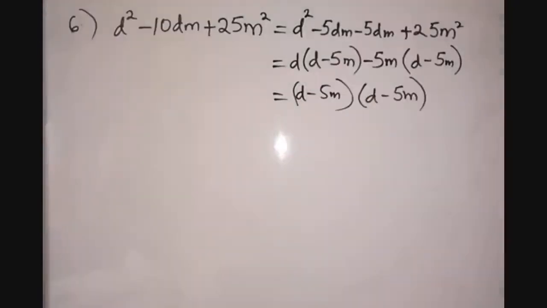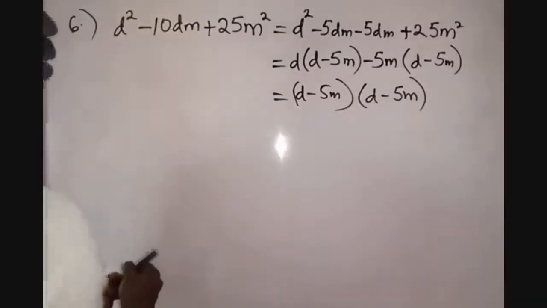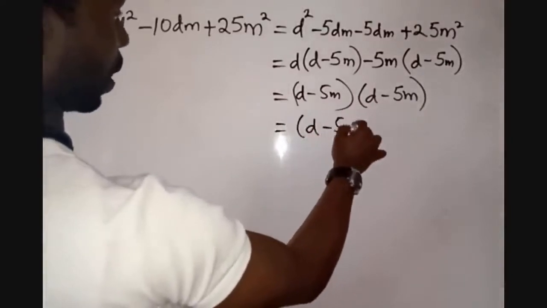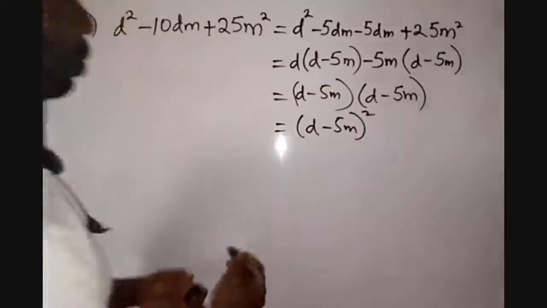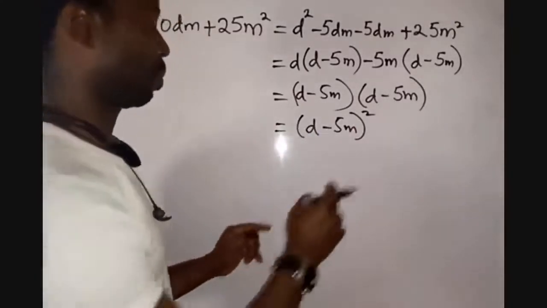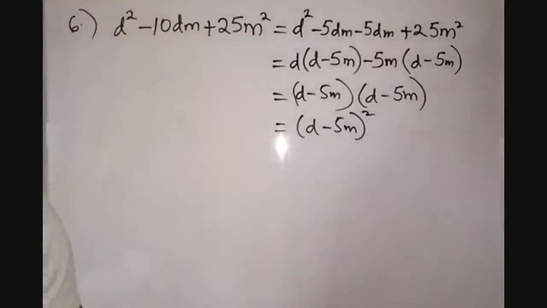We actually have the same thing occurring 2 times. So you can write this as d minus 5m squared. Some would say it is d minus 5m twice. It's exactly the same thing.